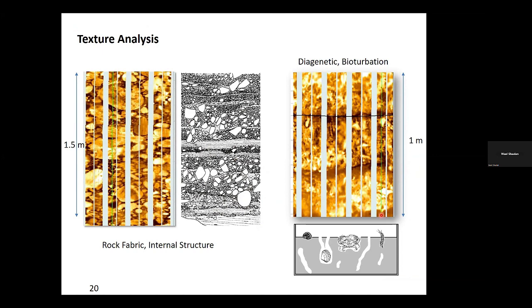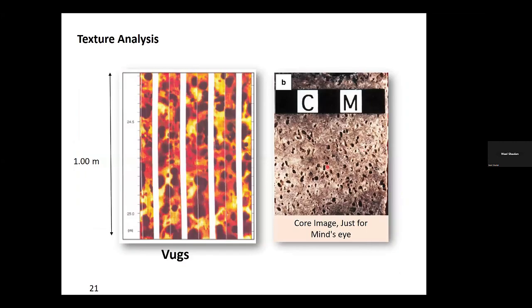Another kind of texture that we can see from the image is related to the burrowing of organisms or fossils, which we call bioturbation. So we have these shapes. Getting more experience with the image, you can easily identify these fossil zones or bioturbated zones. Vugs, a lot of people like these vugs.